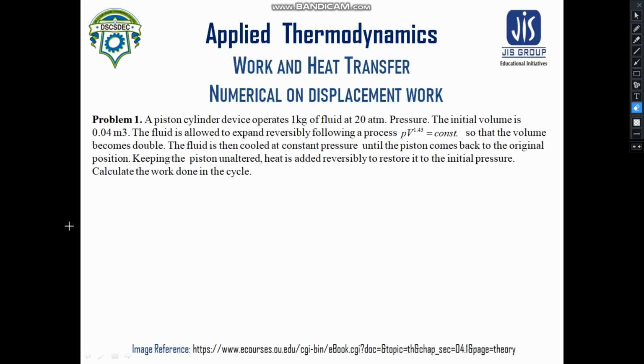That means energies which are crossing the boundary. Heat and work transfer are the examples of energy in transit. So whenever you find heat and work interactions taking place, that means it is a boundary phenomenon. That means energies are crossing the thermodynamic boundaries.